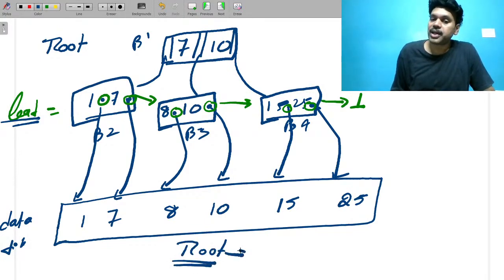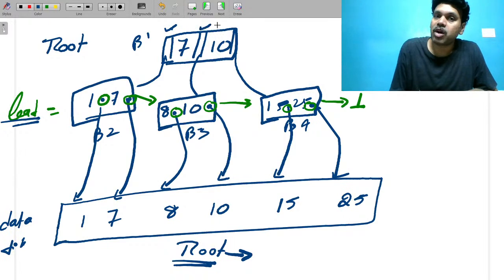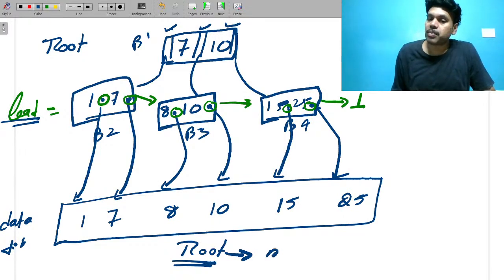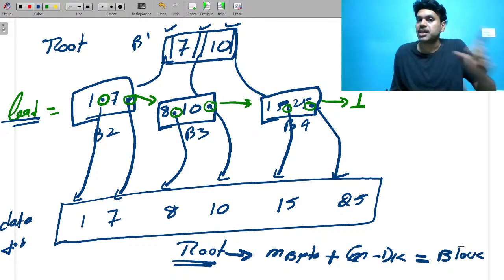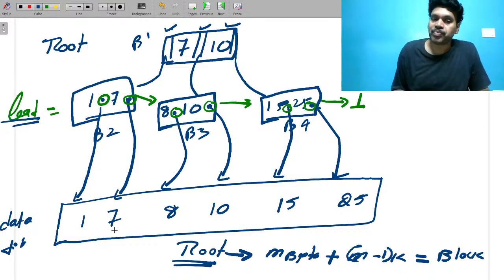A root node consists of keys and block pointers. How many block pointers? M block pointers. And how many keys can I keep? M minus 1 keys. They are in your block. No other element is there in your root and internal node. That's why the internal node structure and root node structure are the same.